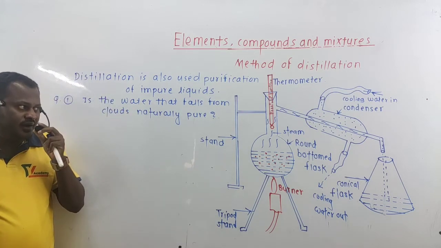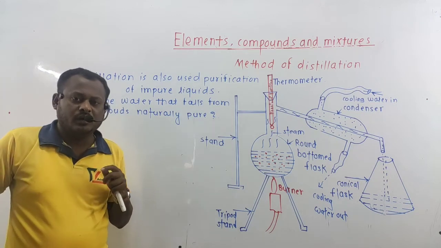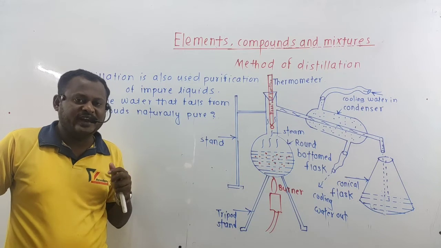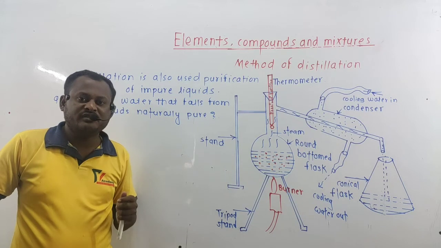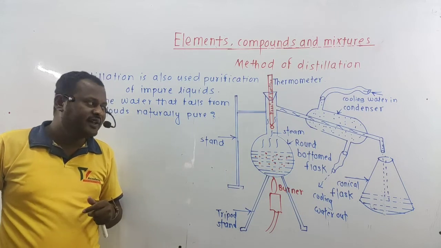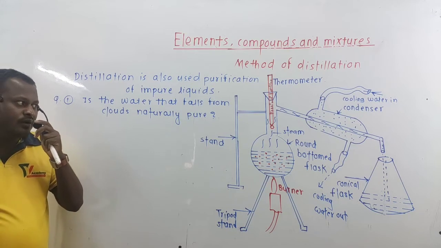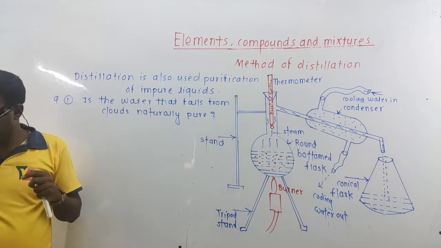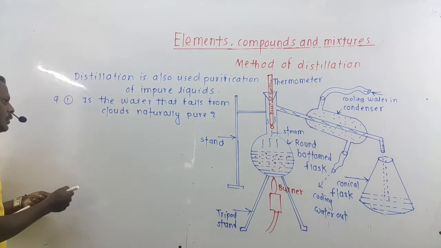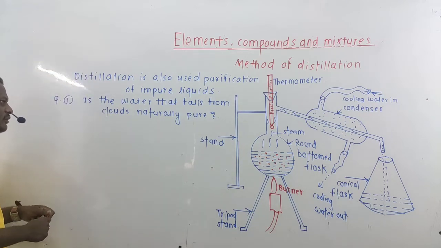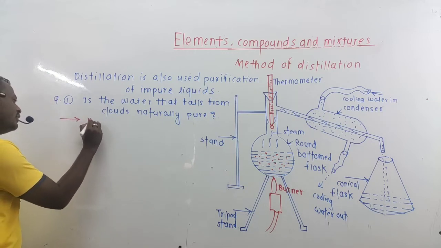Okay, there is cloud formation, and when cool air comes in contact with the steam which is present in the clouds, naturally condensation occurs, and we get the water, and that water is also pure water, which we get naturally. So we get water from clouds in the form of rain.